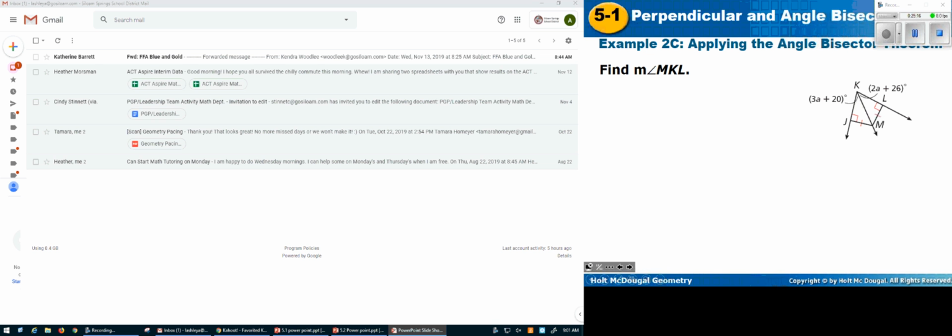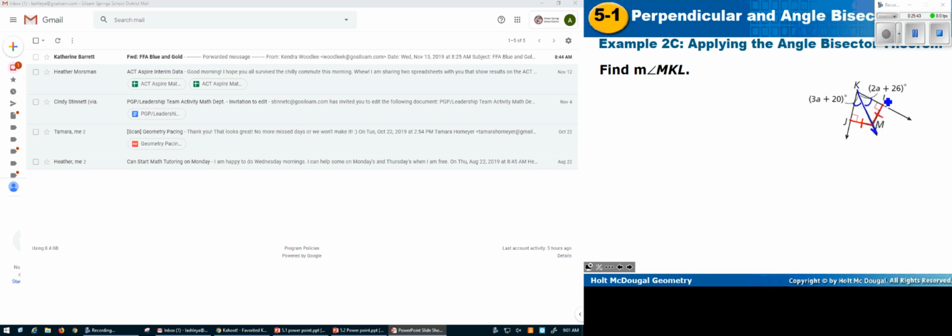Say it again. KM. So what they're showing me is that ML, that distance, is the same as MJ, that distance, right? And that point M is equidistant to the sides of that angle. So that means that KM has to be an angle bisector, which means this angle has to be congruent to this angle. Is that the angle bisector theorem, or is that the converse of the angle bisector theorem?